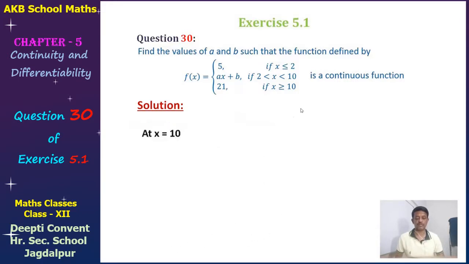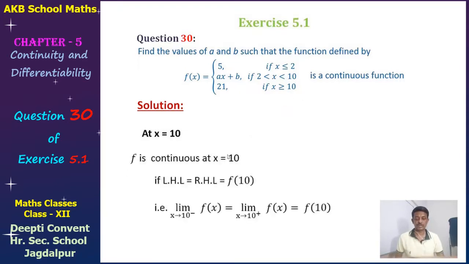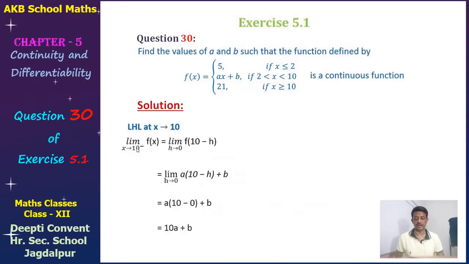Now take the point x equal to 10. Here the function is continuous at x equal to 10 because it is continuous in the whole domain. So left hand limit and right hand limit equal f of 10. Let us find the left hand limit at 10, that is 10 minus h, where x is less than 10.